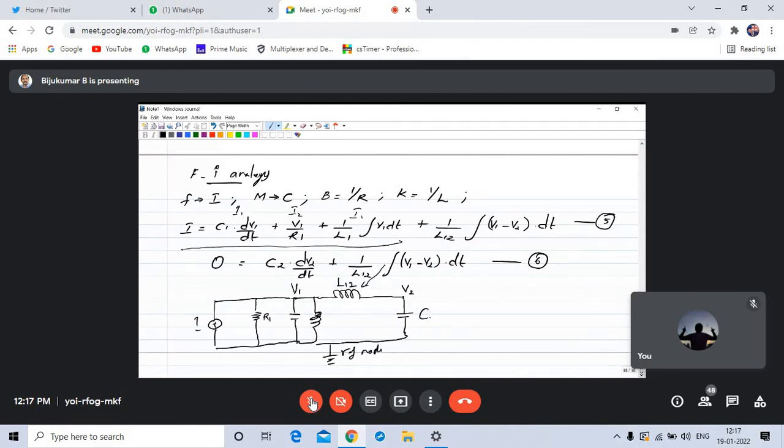So this will be the force-current analogy electrical circuit. If you know the mechanical system, using this concept we can draw the corresponding electrical circuit. If you know the electrical circuit, you can write the corresponding mechanical system also.